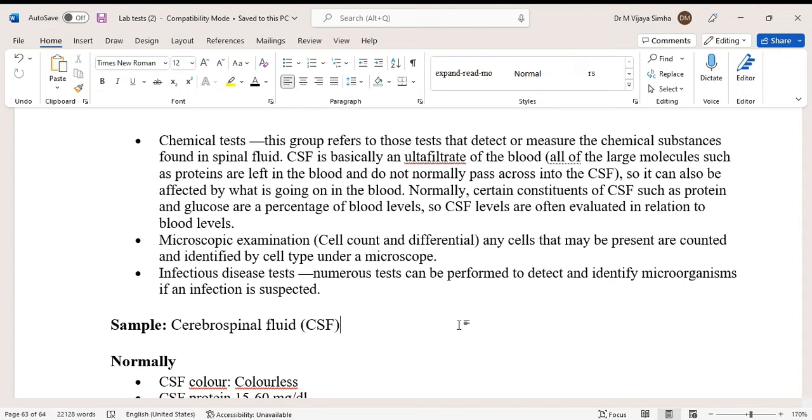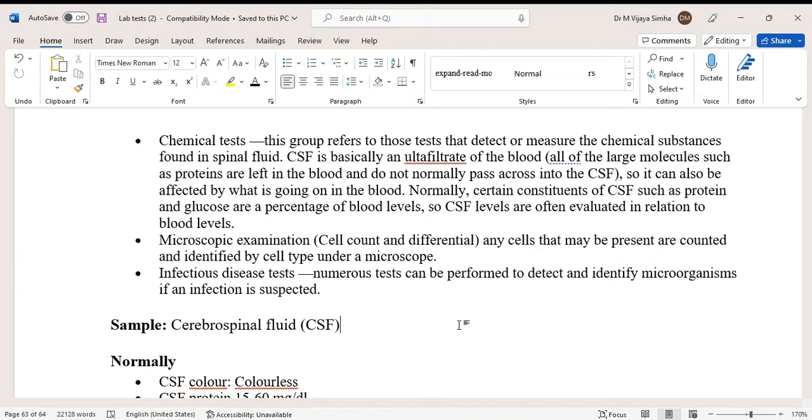CSF is basically an ultrafiltrate of the blood. All of the large molecules, such as protein, are left in the blood and do not normally pass across into the CSF, so it can also be affected by what is going on in the blood. Normally, certain constituents of the CSF, such as protein and glucose, are a percentage of the blood levels.